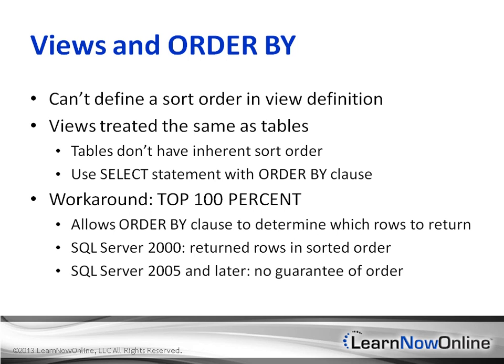There's no guarantee that the view will return those rows in that sorted order. So you can include order by, but you're not guaranteed that the data returned by the raw view is going to be sorted in that same order. Okay, so be aware of that little gotcha when working with sorted data and views.